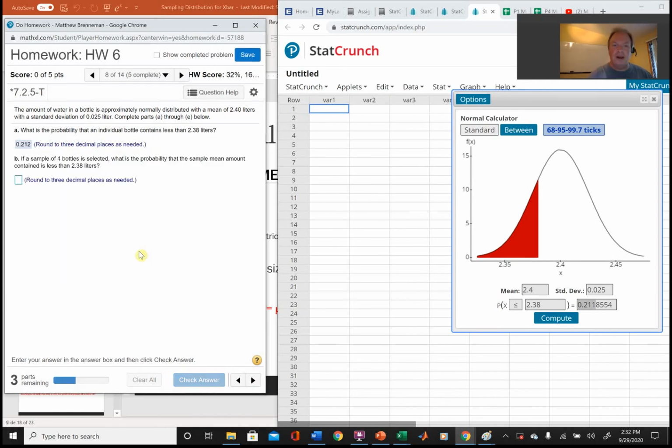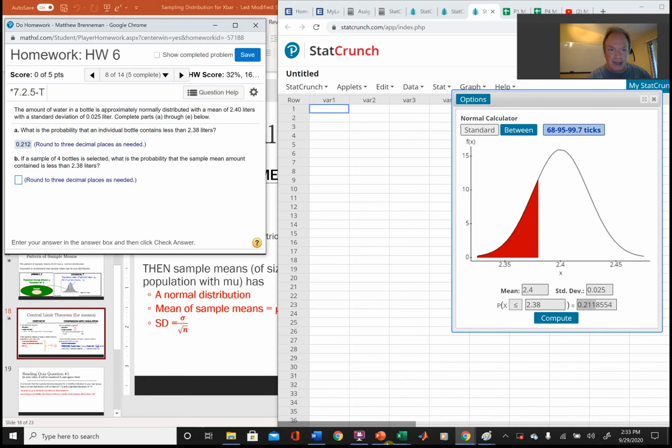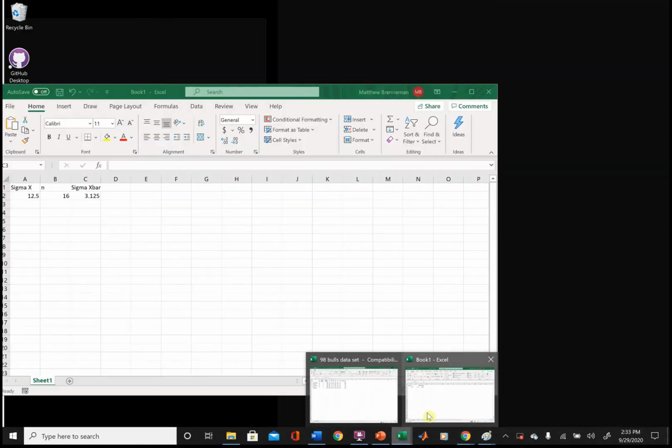Okay, so now we're going to have 4 bottles, and we want to know the probability the sample mean amount is less than 2.38. So now we're going to bring up the Excel file and recalculate the standard deviation of the sample mean using the central limit theorem.